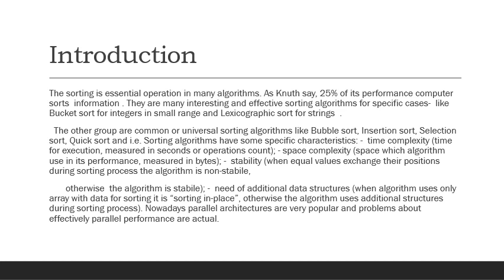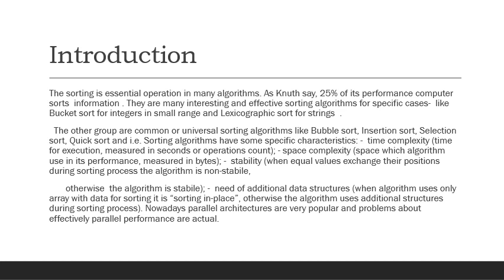Otherwise, the algorithm is stable. When the algorithm uses only the array with data for sorting, it is sorting in place. Otherwise, the algorithm uses additional data structures during the sorting process.